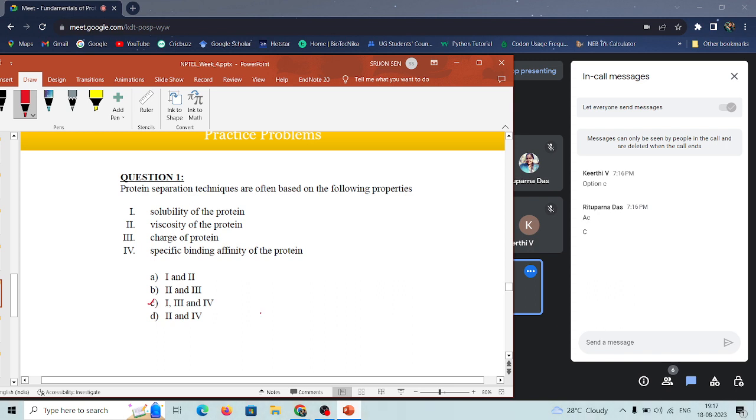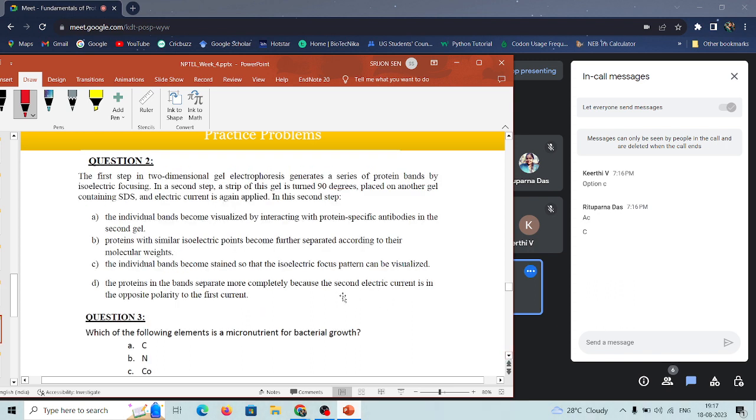Okay, now the next question. The first step in two-dimensional gel electrophoresis generates a series of protein bands by isoelectric focusing. In the second step, a strip of this gel is turned 90 degrees, placed on another gel containing SDS, and electric current is applied again. Now, what happens in the second step?